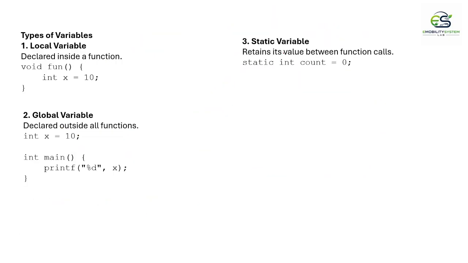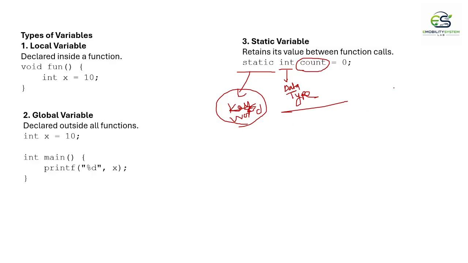And the third type is the static variable. Here you can see count is the variable name, this is the data type, and static is a keyword.